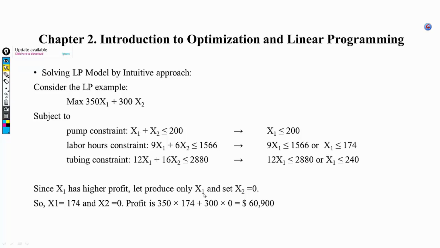So x1 equal to 174 and x2 equal to 0 is a feasible solution, because if we put these numbers in these 3 equations, it satisfies all the equations. So this solution is a feasible solution. Another feasible solution is that I can put both x1 and x2 as 0, because it satisfies all the constraints.